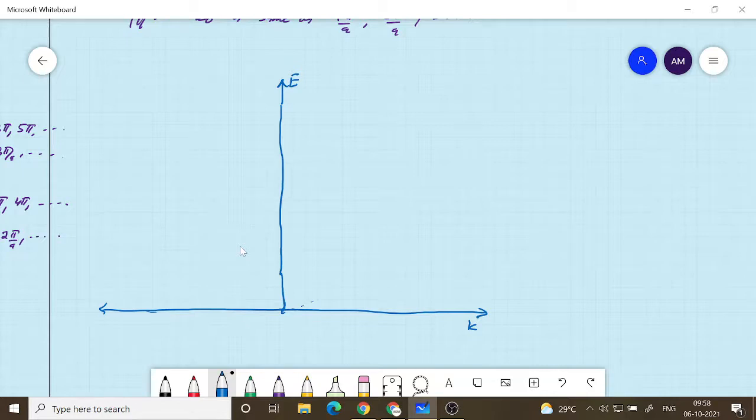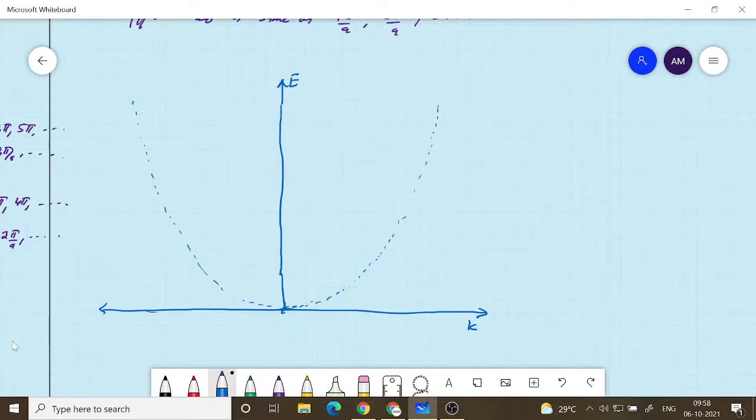and we have a solution like this. So this is a parabolic solution. This is for free particle, which we have already seen. That is not our case now, which we are interested in. We don't have all values of energy, we don't have solution.